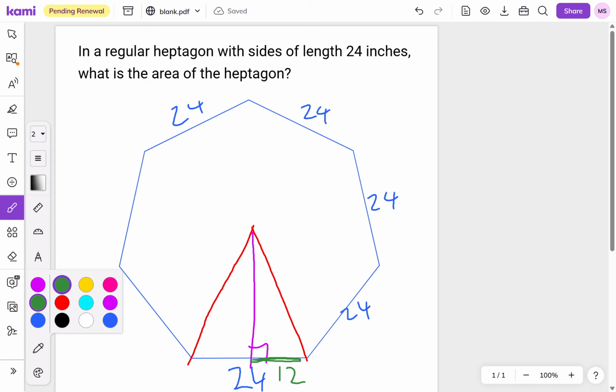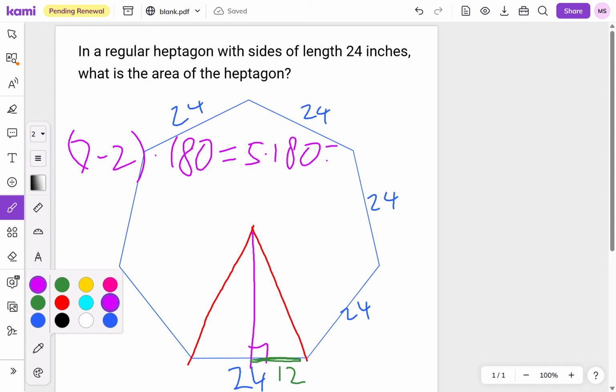Well, a heptagon has 7 sides, so 7 minus 2 times 180 gives you the sum of the interior angles. So that's 5 times 180, which is 900. All 7 of these angles together add up to 900.